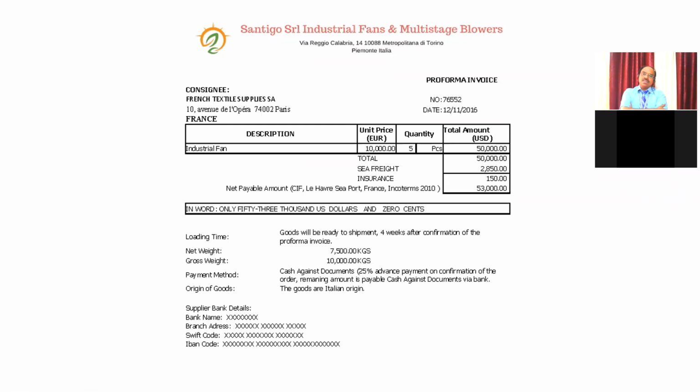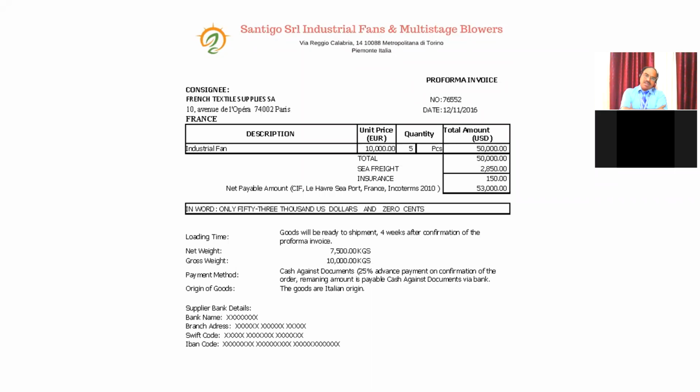Here, the goods are being sent from the US, Santiago, Sri Industrial, fans and multi-stage blowers, from the US, and they are going to be sent to Paris, France. They are sending the industrial fans.